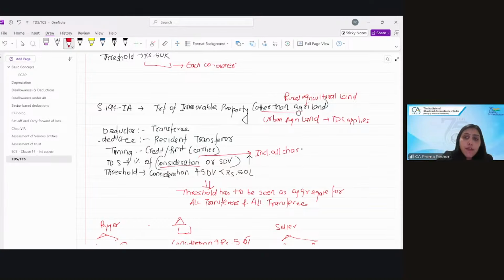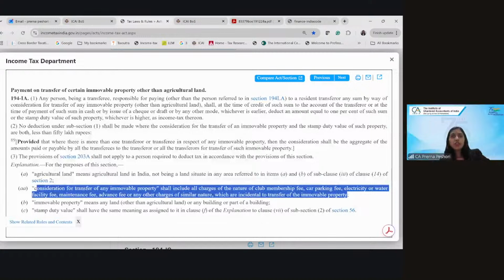Let's say, for example, if you look at the agreement, they would list out all the different charges: consideration for the transfer, then clubhouse charges, garden fee, maintenance charges, electricity charges. All of that will be included because otherwise the builder will try to reduce the threshold to less than 50 lakh. He will try to bifurcate into different charges and reduce the consideration amount. Therefore, they say consideration will include all the charges. Is it clear?